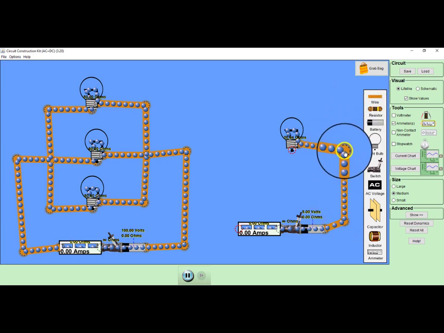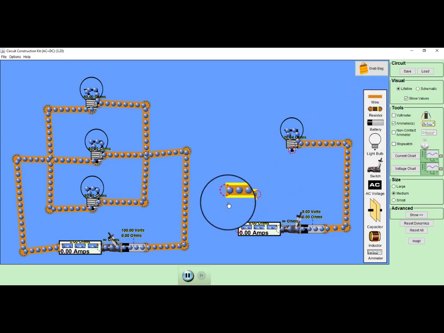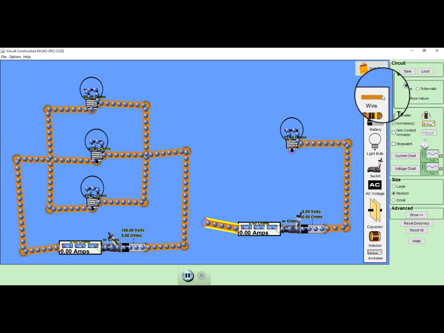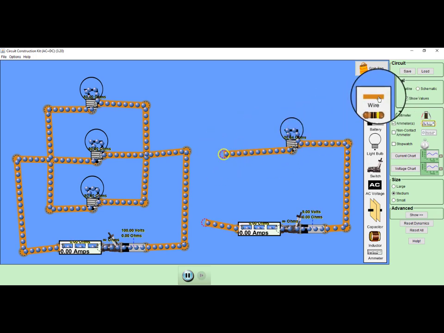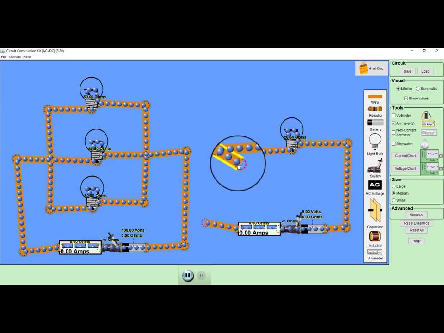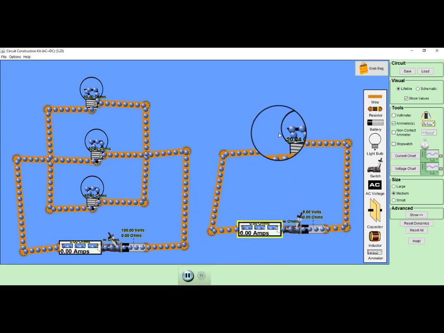Let me just align these, and finally this side. One more wire we will take to complete this part. This is the final connection. Now this bulb has the equivalent resistance 20.34, equivalent of these three.